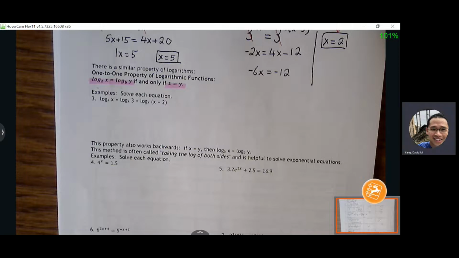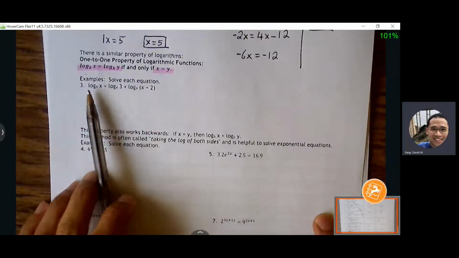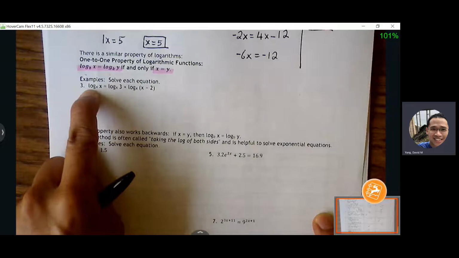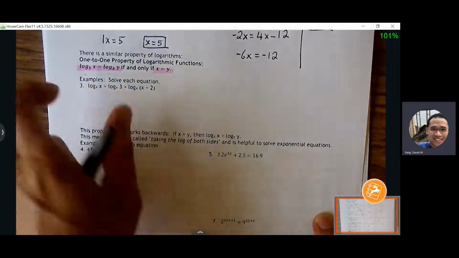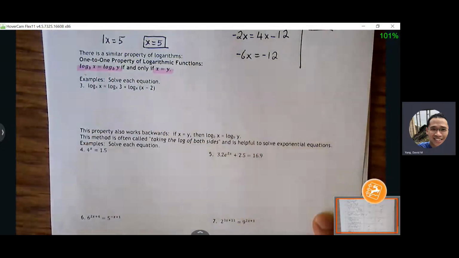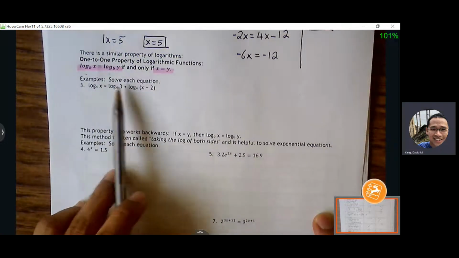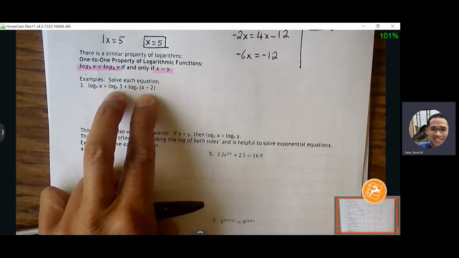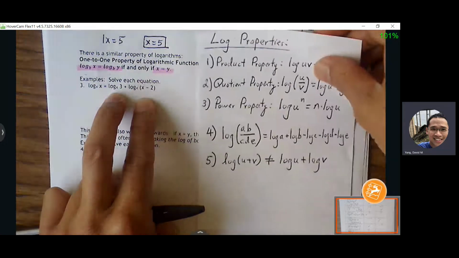Now, we can only do this if there's a one-to-one property. That means even though these are all log base 4, I've got to have one log on one side and one log on the other side before I can start removing logs. So the left side is ready, but the right side is not quite ready. Which property can we use to merge these together?